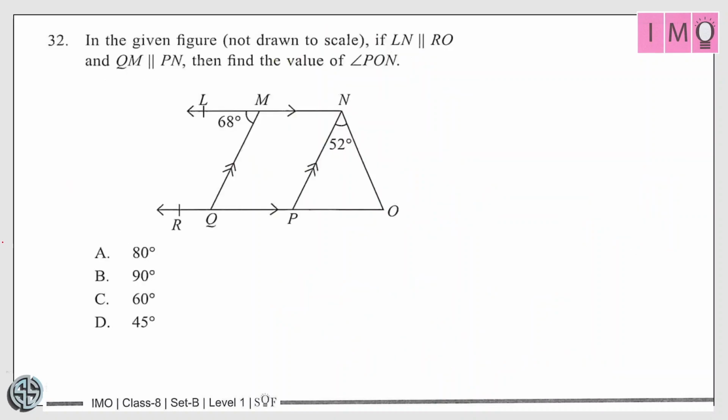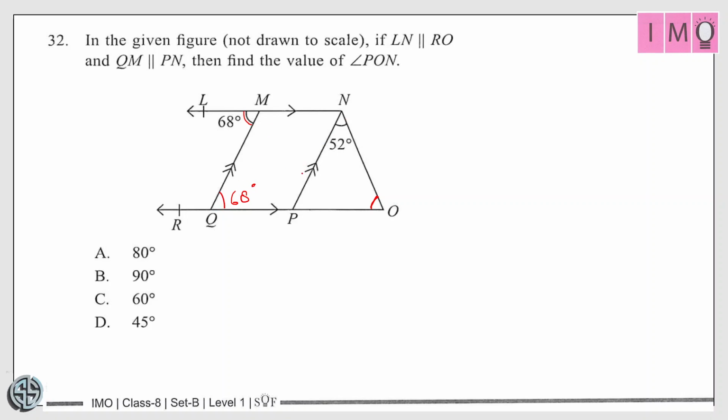Let's move to question number 32. In the given figure, LN is parallel to RO, QM is parallel to PN, then you have to find the value of angle PON. Okay, so you can see this angle is 68. LN is parallel to RO, QM is transversal, so this will become 68, alternate interior angle.